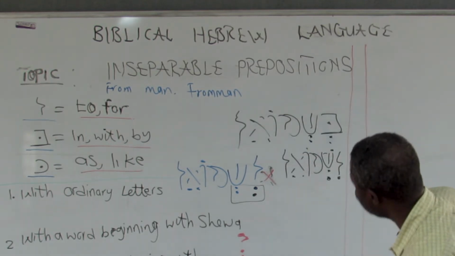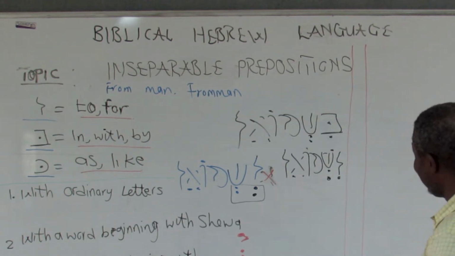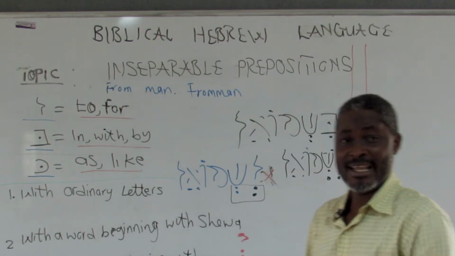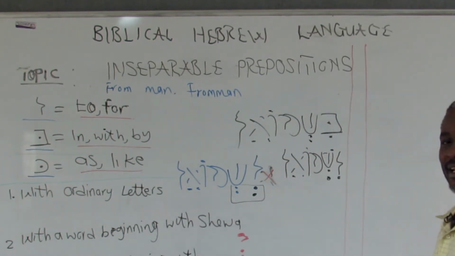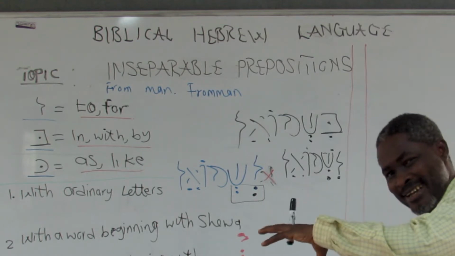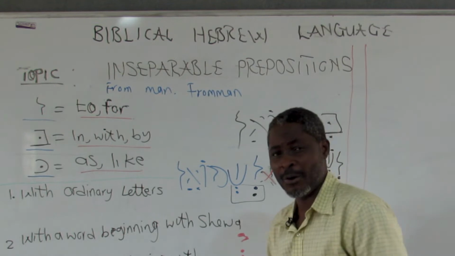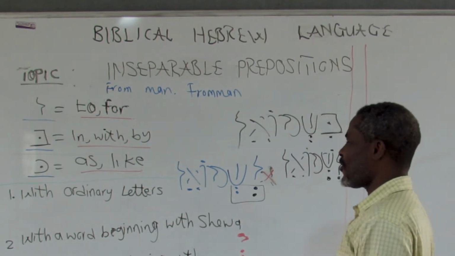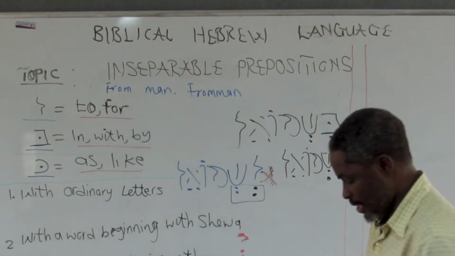So you drop one shewa, and it becomes Bi Shemuel, Li Shemuel, Ki Shemuel. So to or for Samuel is Li Shemuel, instead of Le. In, with, or by Samuel becomes Bi Shemuel. As or like Samuel becomes Ki Shemuel.